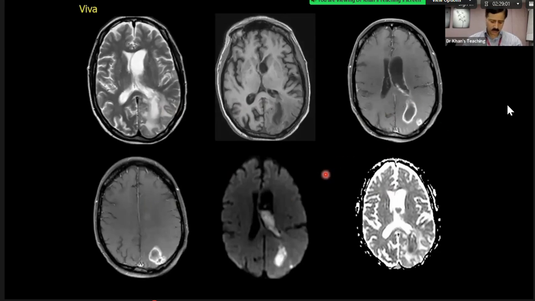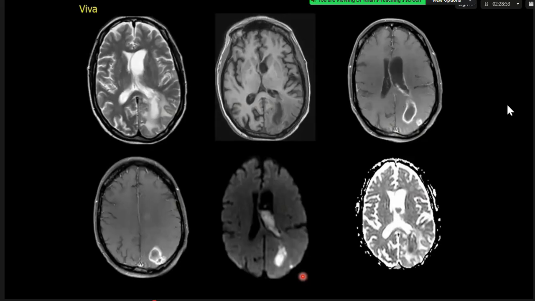Okay. So I'm provided multiple sequences of MRI, T2, in which I can see there is a rounded lesion, which is an enhancing lesion on the contrast images, with T1 hypo and T2 hyper signal with surrounding edema. On post contrast, I can see there is a well-defined, encapsulated and enhancing lesion.